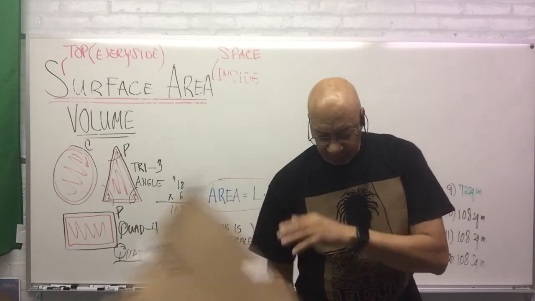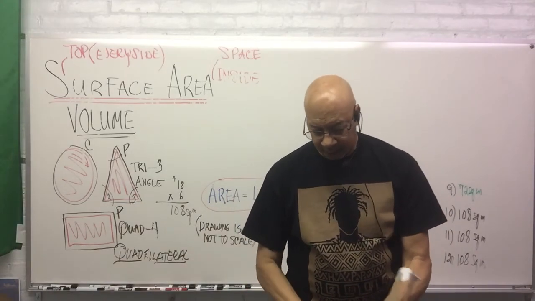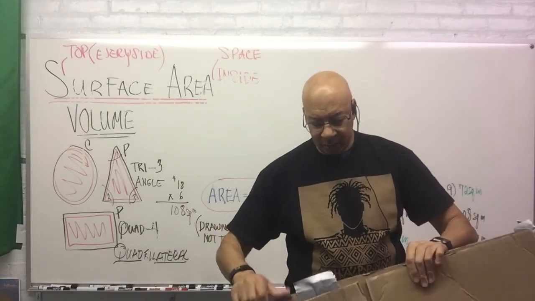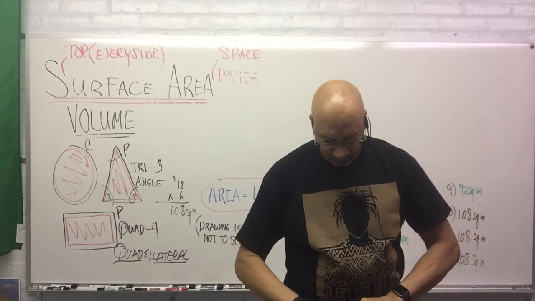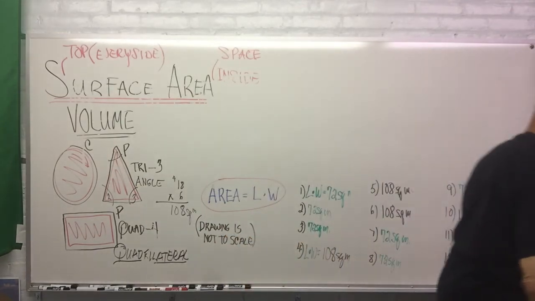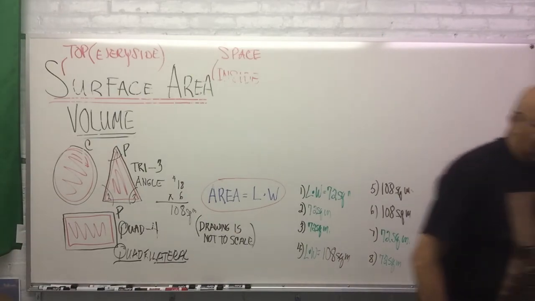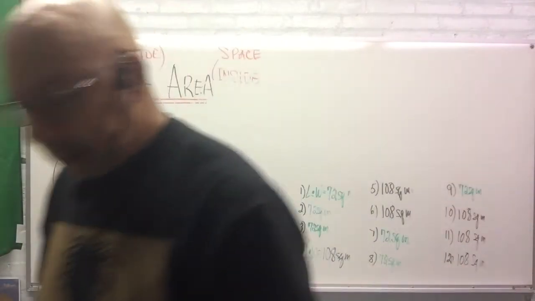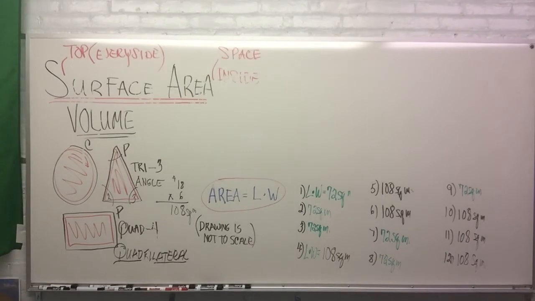And if we want, we can put our box back together, or we can store it for another example later. So we can put that to the side. Then we just simply have to add these up. So we will do that.